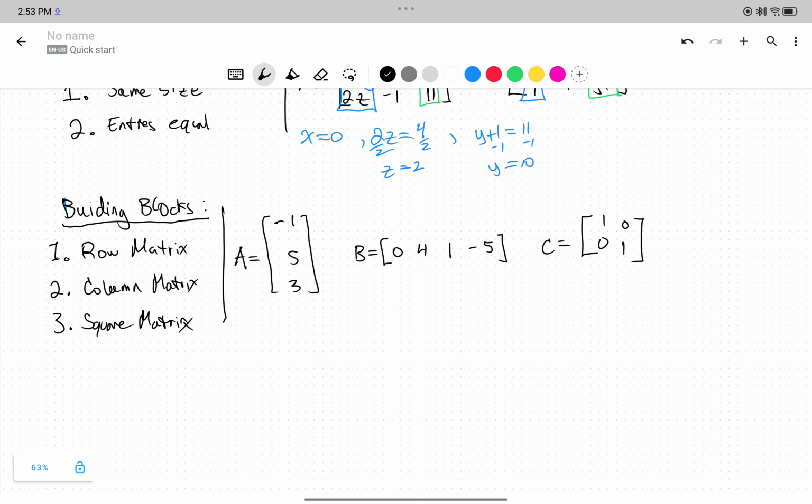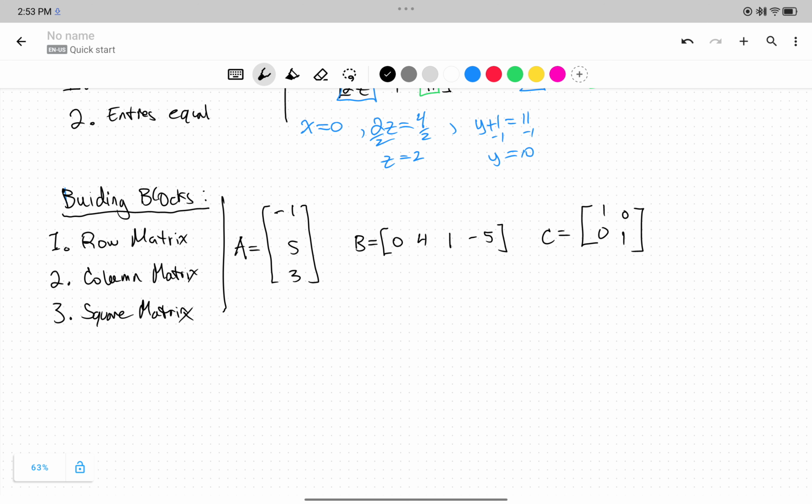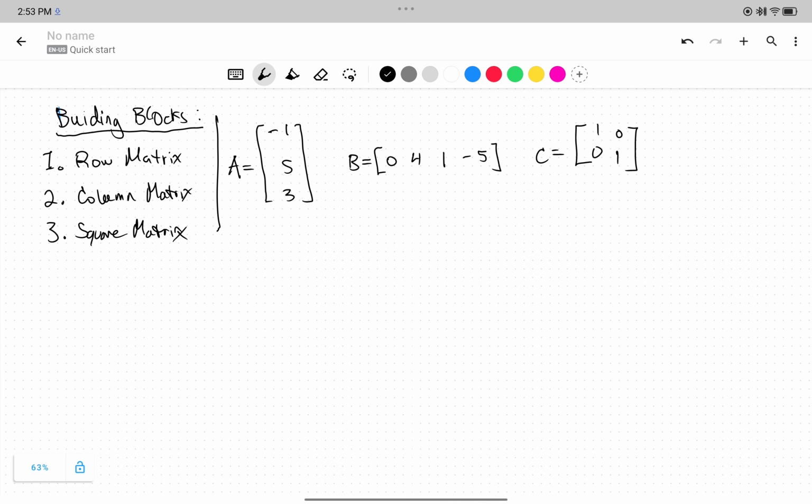Yeah, that looks better. Obviously, this only contains a column. Columns are the ones that go up and down. Rows are sideways. So this is a column matrix, this is a row matrix, and that's a square matrix.